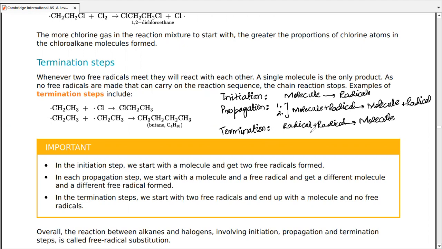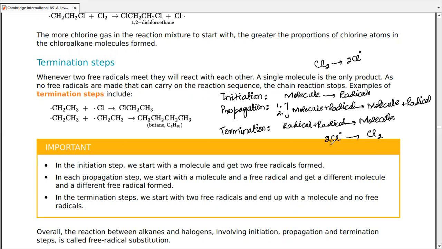This should give you a very good mind map in order to start writing the equations whenever you're faced with a question like this. So a molecule such as Cl2 can be converted into 2Cl radicals, and you can write the exact opposite: 2Cl radicals can give you a Cl2 molecule. So the initiation and the termination steps are exactly opposite to one another.